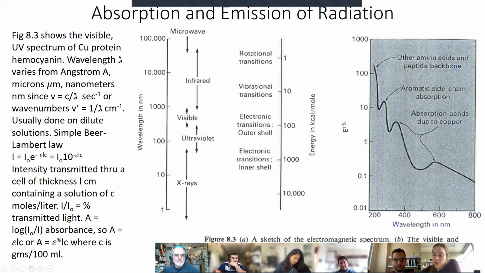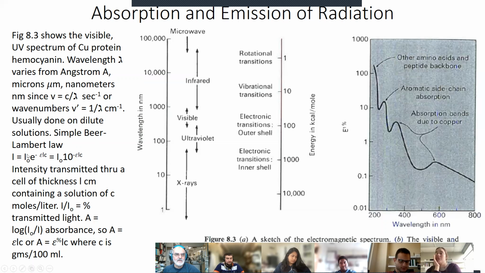Ultimately, what we want to do is express this in some way that expresses something about a fundamental property of the molecule. And so we do this with something called Beer's law, which reflects the intensity of the light. It's not just the wavelength, but what its intensity is. It corresponds to some intrinsic intensity going into the solution, for example, or going through the molecules.